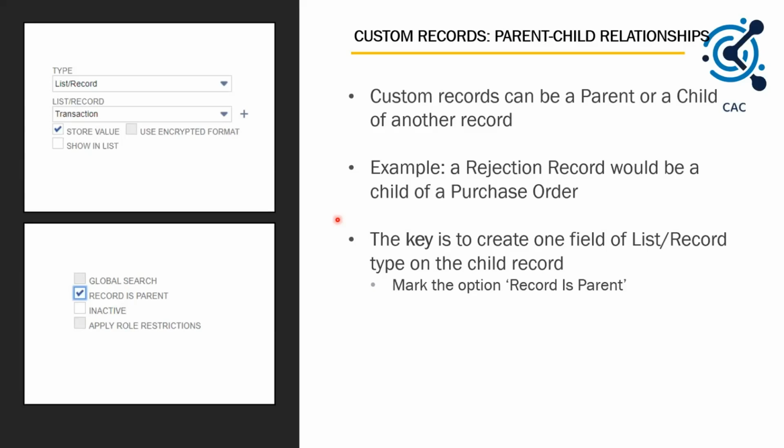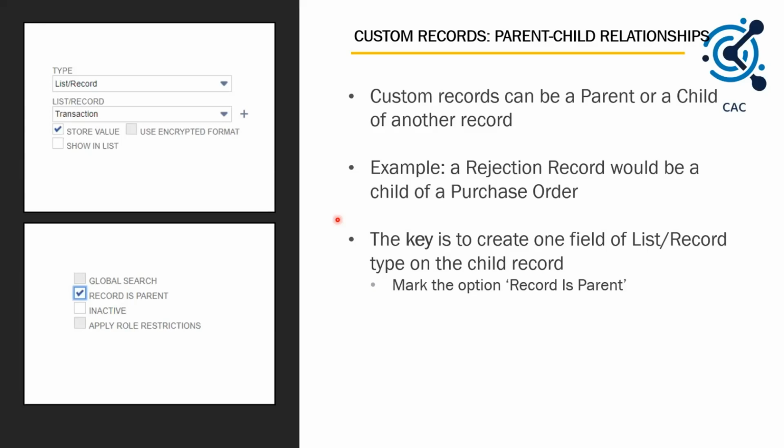If you have a purchase order approval process, and the approver rejects the record, you can have a workflow that brings them to a rejection record where they have to type in a reason that they rejected it. Then on that purchase order, you can have this rejection reason sublist so that the person who entered the PO can see why it was rejected, and the information is right there.